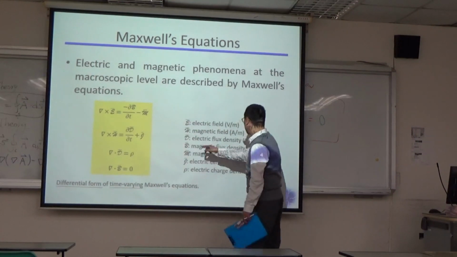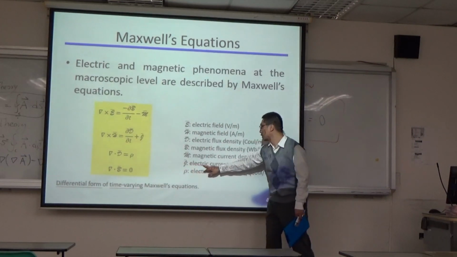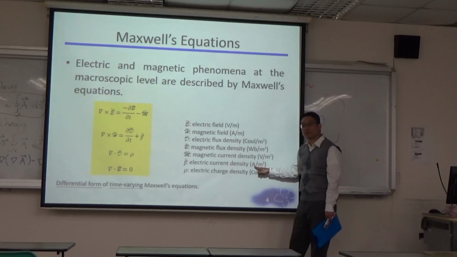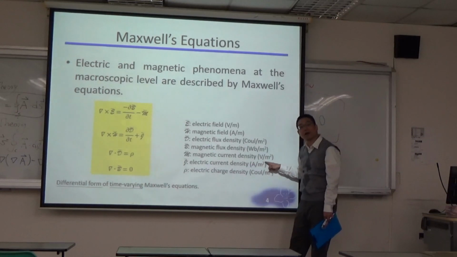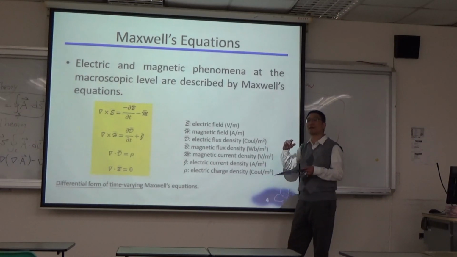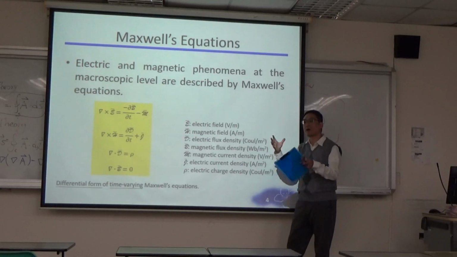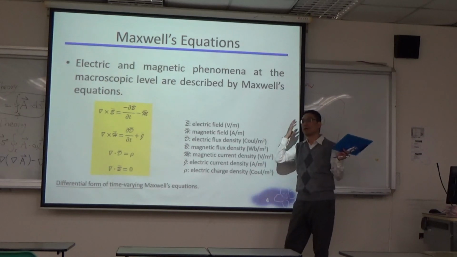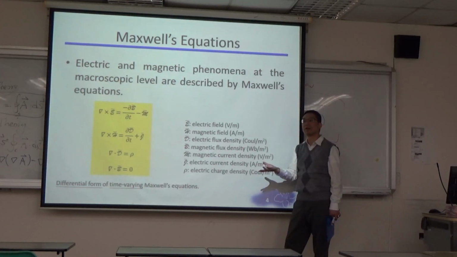We can see what J is. It's amperes divided by meters squared, how many amps you have divided by the area. So J is an average; think of it like a density of current, okay?